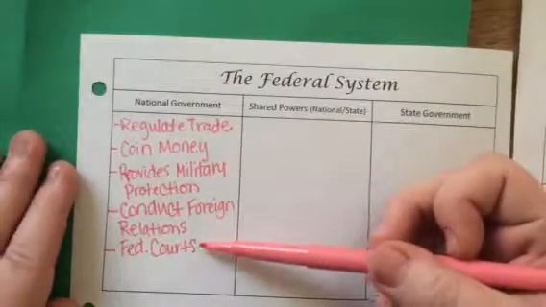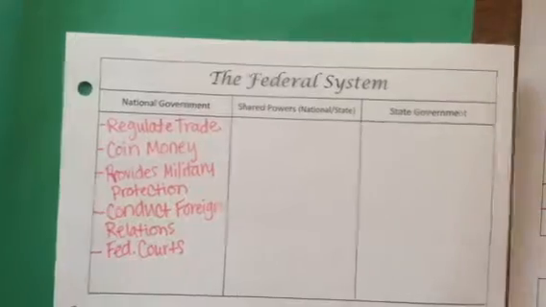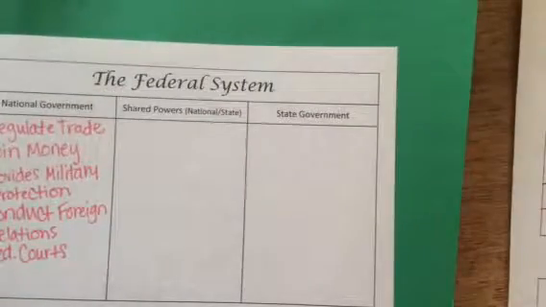The federal court system can review any case that they want to, but specifically they look at federal laws that have been broken. So a federal criminal case would be someone that has broken a federal law, which would be a felony.